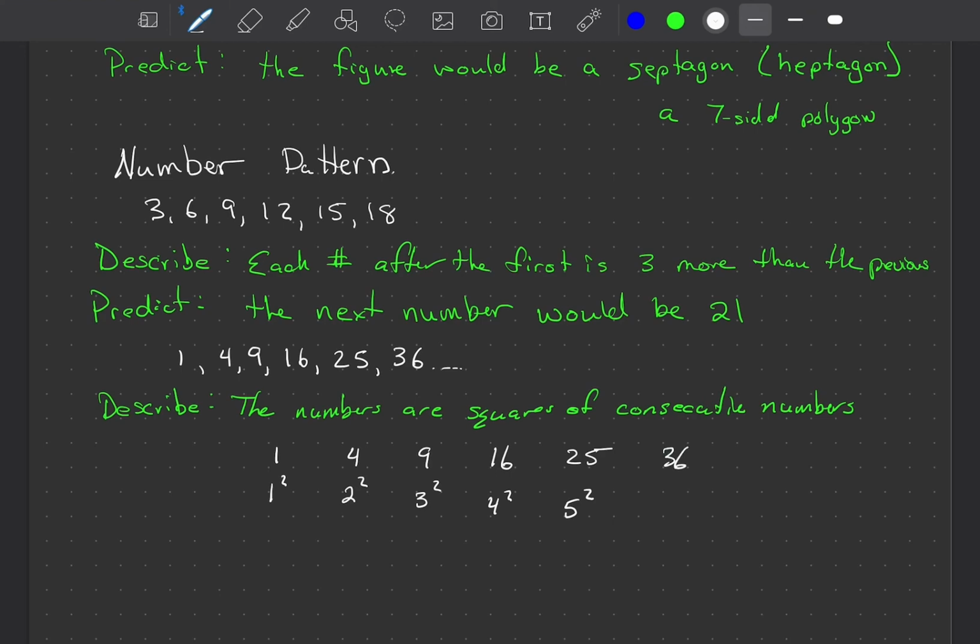And then 36, which is 6 squared. So with that understanding, the prediction is pretty simple. That the next number would be 49.